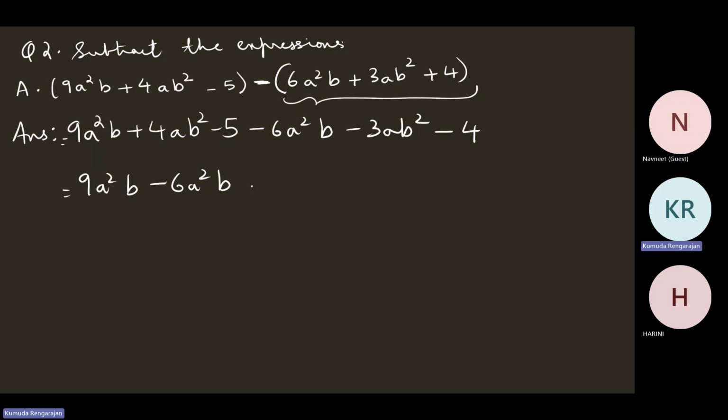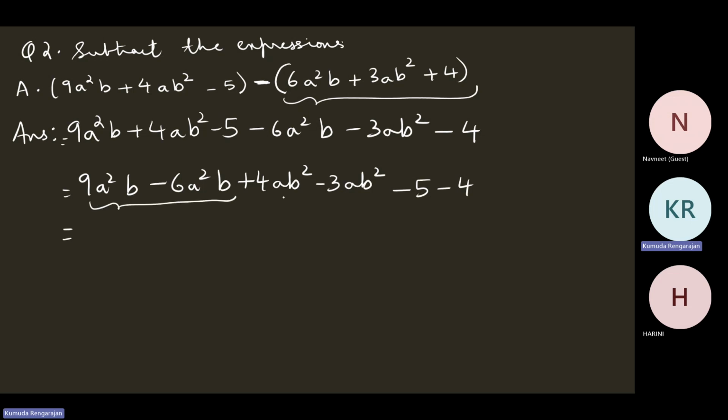Whenever you say a term, you should say it with the sign. Minus 3ab square. Minus 5. Very good. Now these two are like terms.